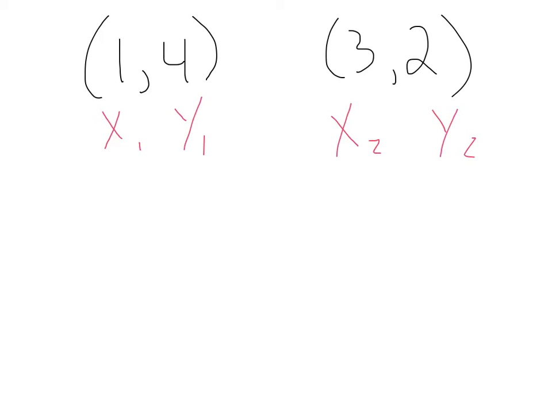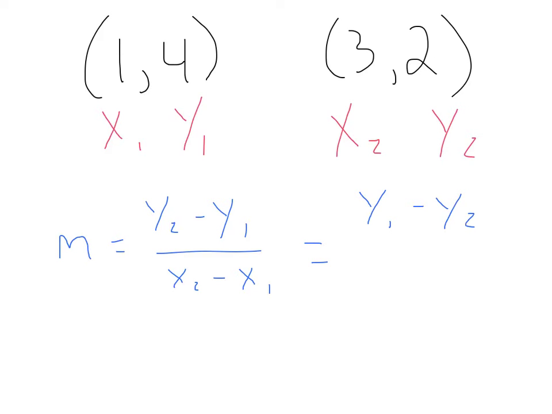And at some point in our math careers, we may have learned the formula that the slope, or m, is equal to y2 minus y1 all over x2 minus x1. Now some people will argue with me and say, wait a minute, I learned it as y1 minus y2 all over x1 minus x2.